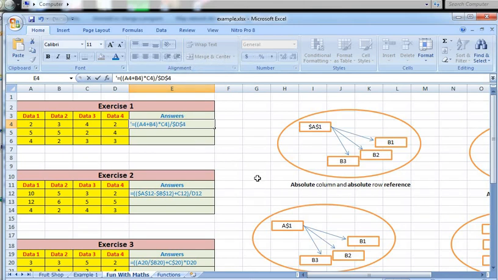What will be the answer? So A4 plus B4, that means 2 plus 4, it's 5. 5 multiplied by C4, it's 5 into 4, it's 20. 20 divided by the absolute cell of 2.